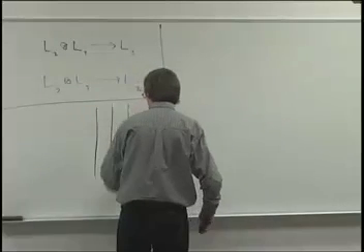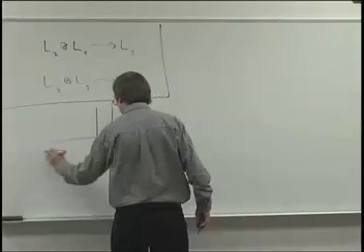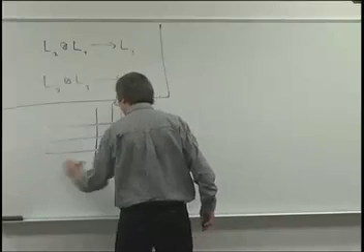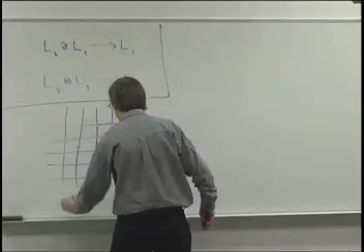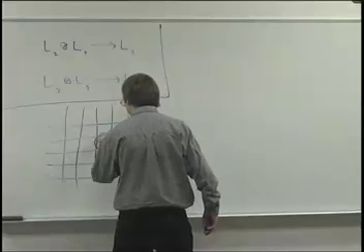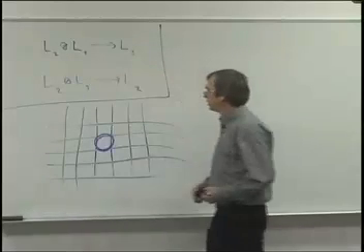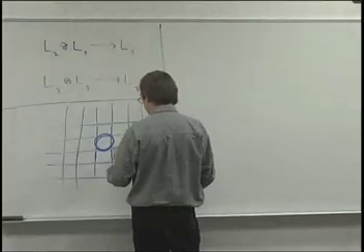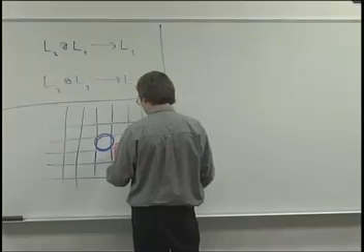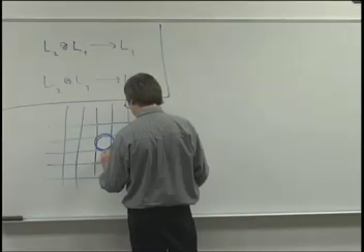I guess I'll draw a little grid again, and I'll put the identity element right there. I'll put L1 right there, L2 right there.